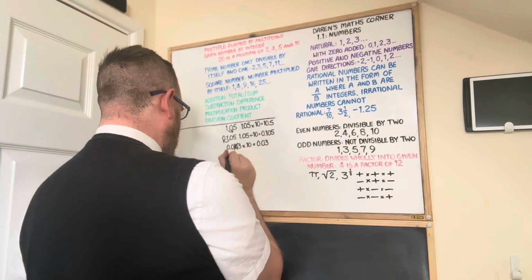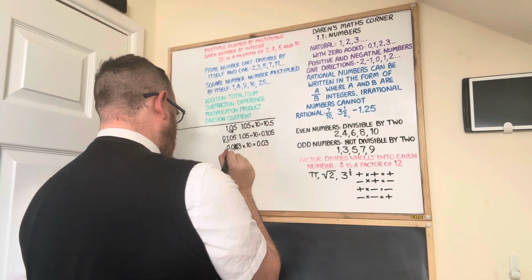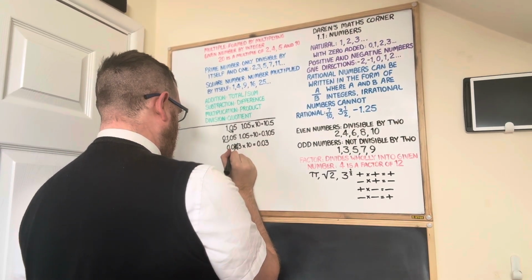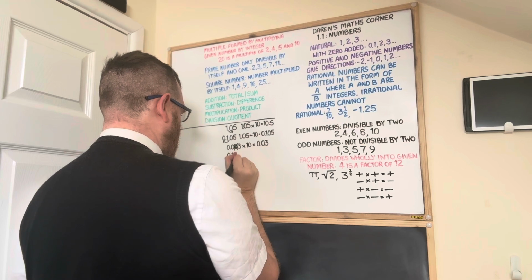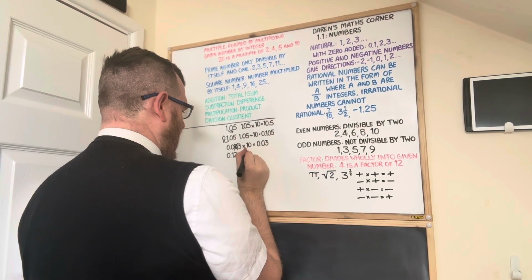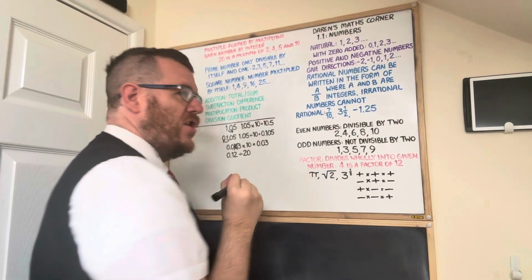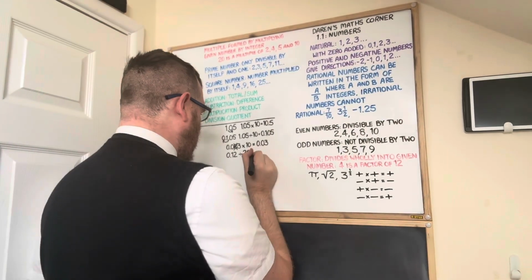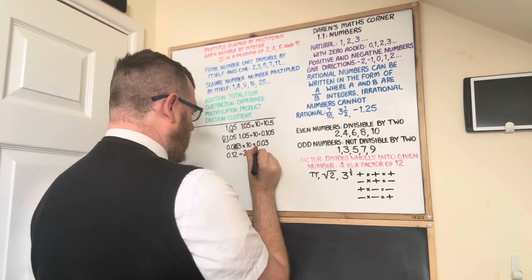D. 0.12 divided by 20. Now what we do at this point is we knock it back 1.